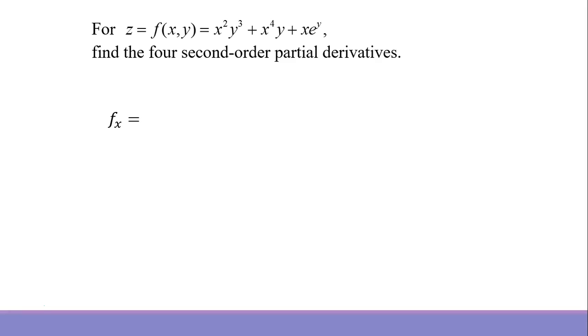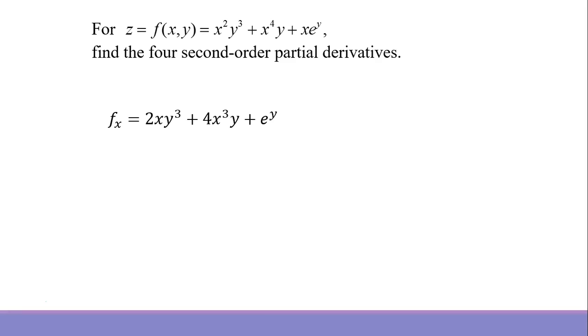So the derivative of x squared is 2x times that constant y to the third. The derivative of x to the fourth is 4x to the third times the constant y. And the derivative of x is 1 times our constant e to the y. So that's our first partial derivative with respect to x.